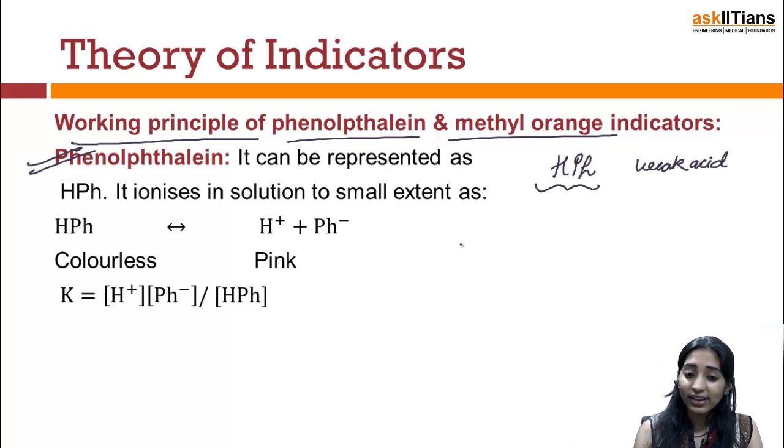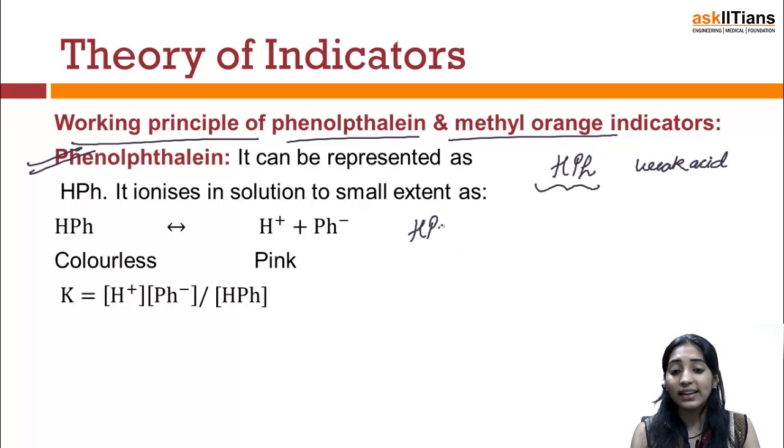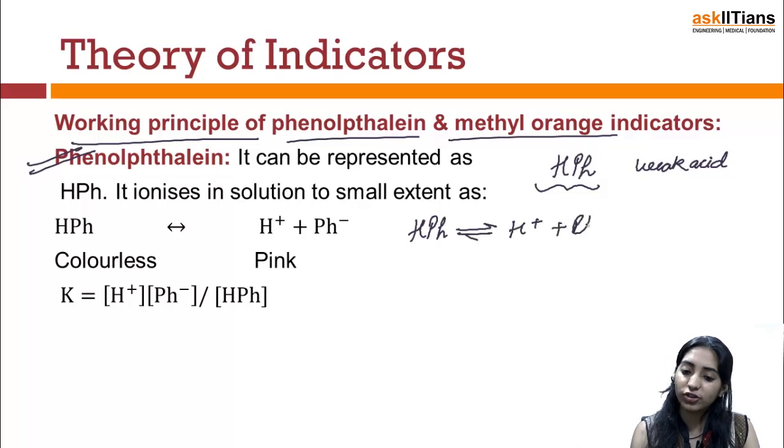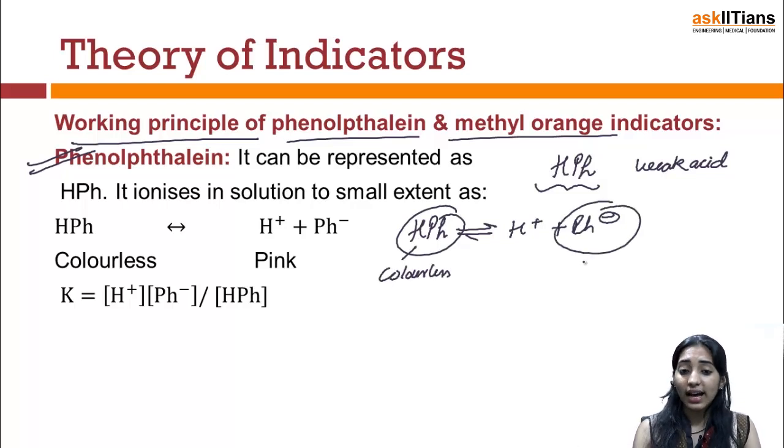So I can write HPh forms H+ and Ph-. This HPh is colorless in nature, and because of the phenolate ion that has been formed, it is pink in color because extensive conjugation takes place.